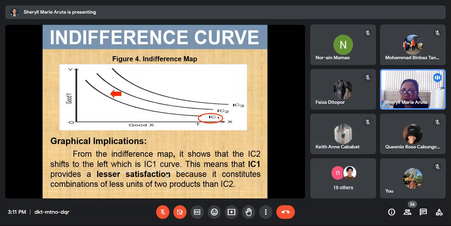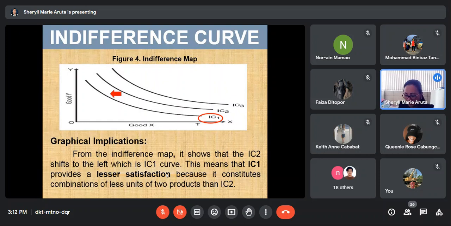So that's how we keep it in mind. Once the situation is given by the teacher, whether the base is IC2, IC1, or IC3, once the indifference curve shifts to the right, the implication is that it yields greater satisfaction. But once the teacher gives an indifference curve that shifts to the left, it yields a lesser satisfaction, as happened with IC1.